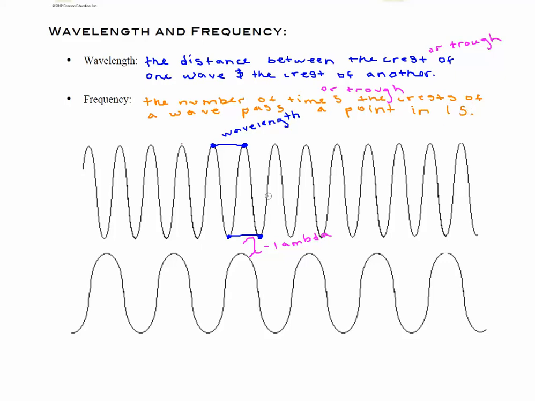So, how frequently a crest will pass a given point in a given amount of time, in 1 second, right?